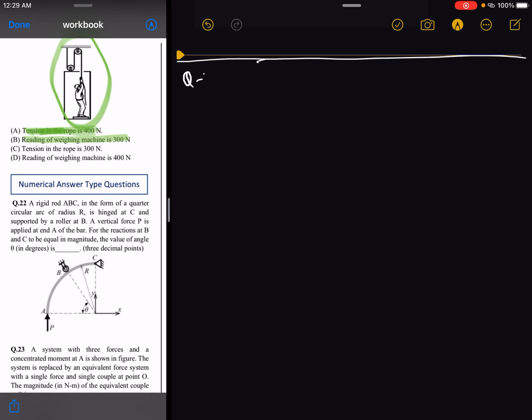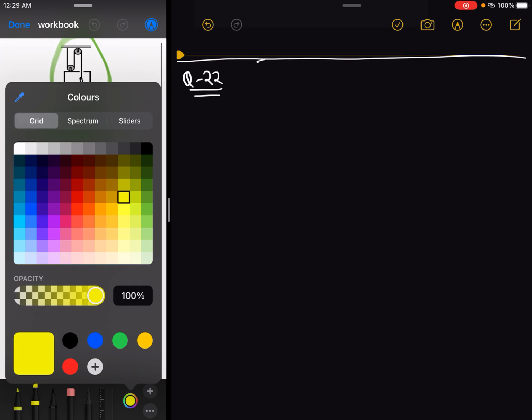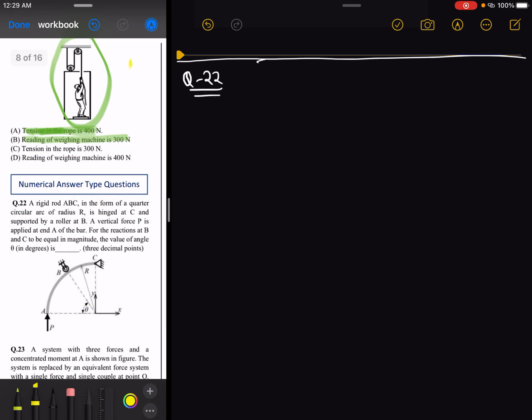Question number 22. So here let us first read the question. A rigid rod ABC in the form of a quarter circular arc of radius r is hinged at C and supported by a roller at B. A vertical force P is applied at the end of the bar.